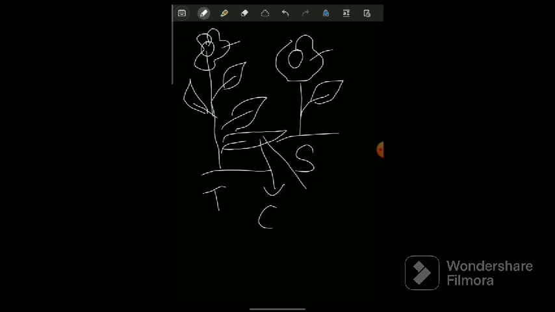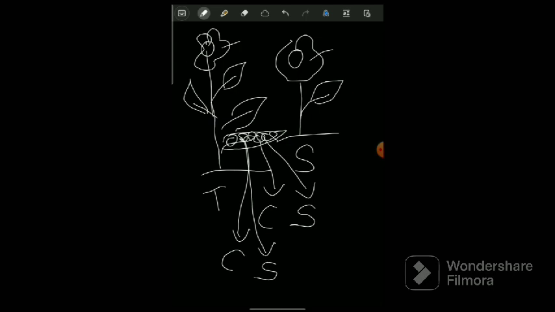The pod color and the pod shape were different in the two plants. Then the seeds. Inside the pod there are so many seeds. The seed also had a different color and a different shape.